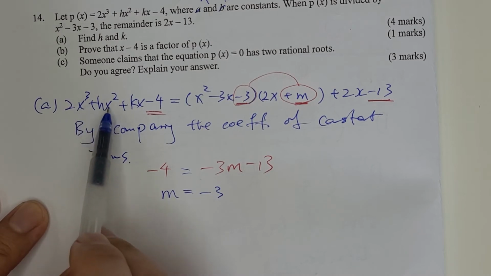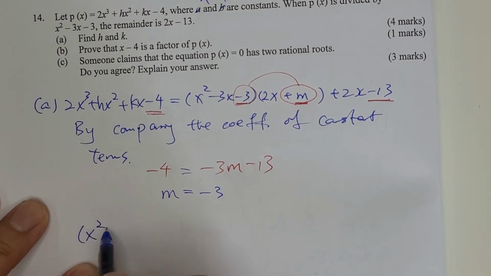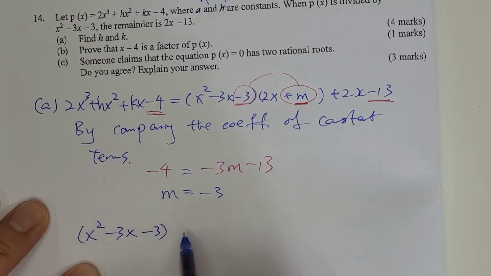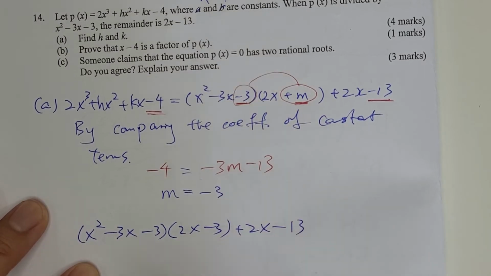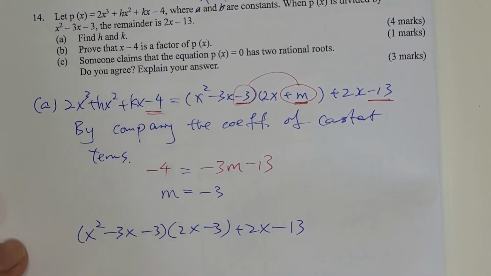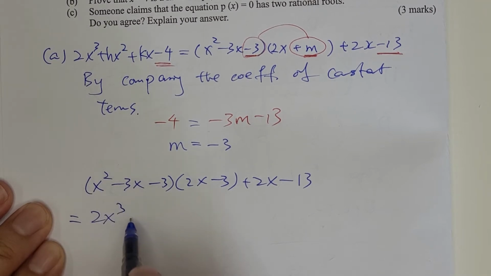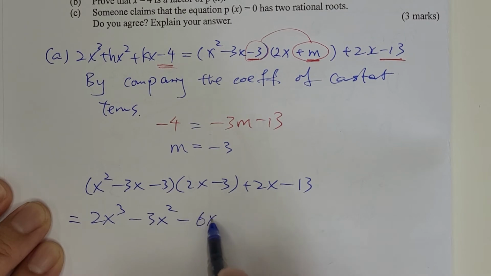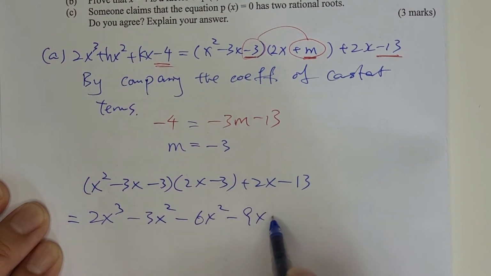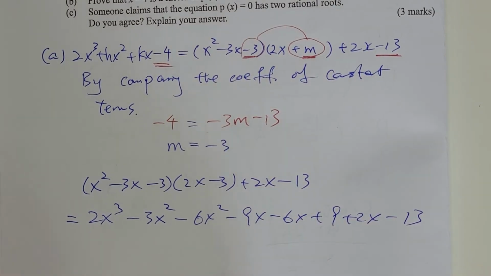That means 2x cubed plus hx squared plus kx minus 4 can be written as (x squared minus 3x minus 3) times (2x minus 3) plus 2x minus 13. And what you need to do is the expansion. So that is 2x cubed minus 3x squared minus 6x squared minus 9x minus 6x plus 9 plus 2x minus 13.